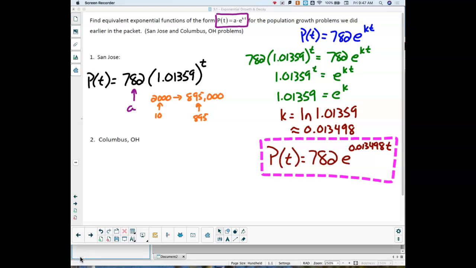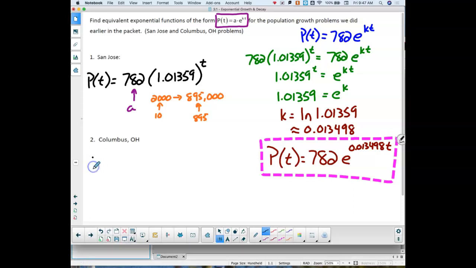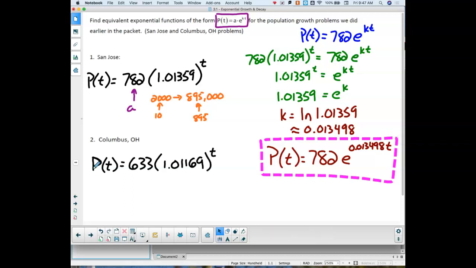I got my Columbus function, P of t is 633 times 1.01169 to the t power. Or it should be something close to that, right?